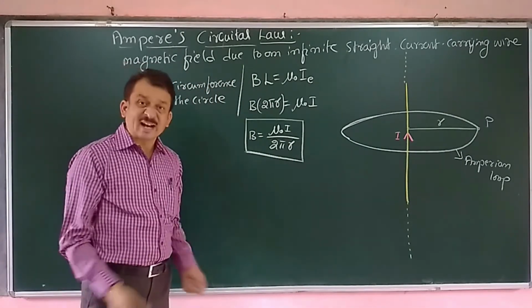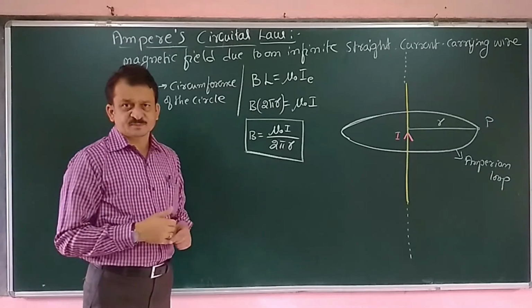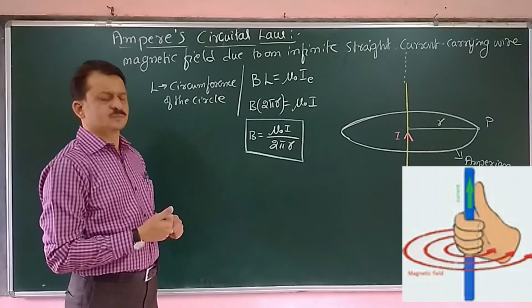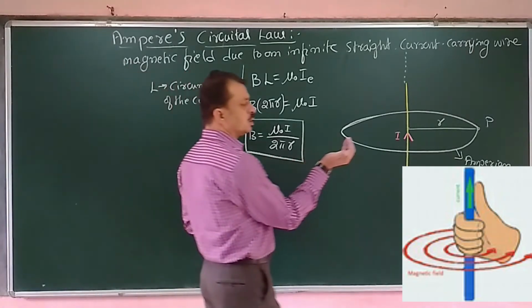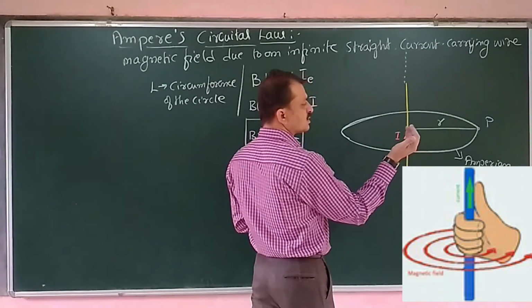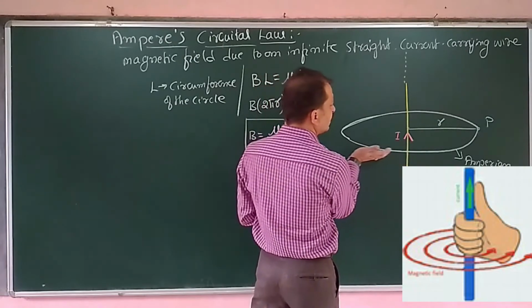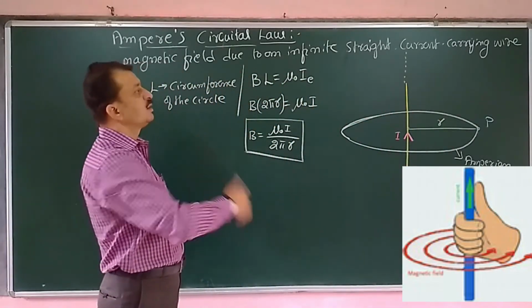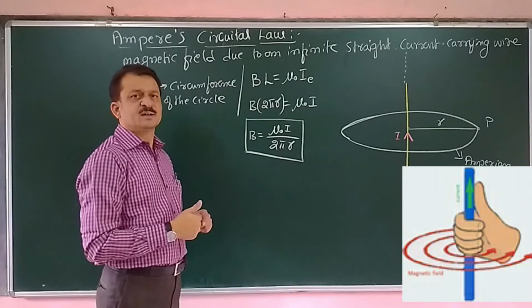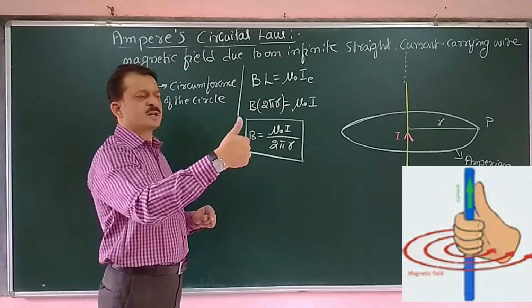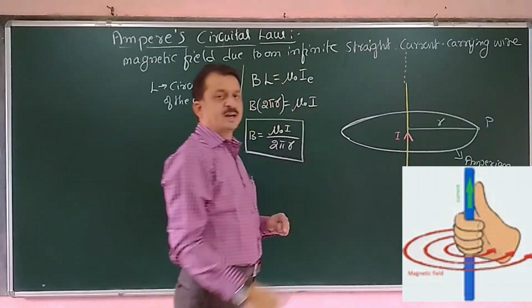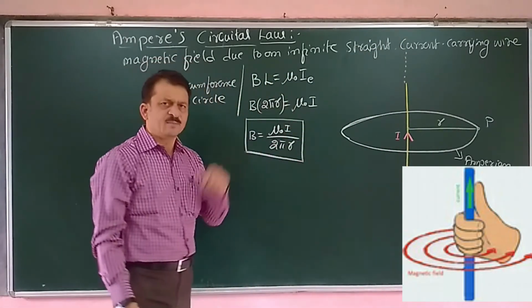Now, obviously, what is the direction of this magnetic field? Direction once again is given by the right hand rule. That is, if you hold the 4 fingers of the right hand so they encircle the conductor, the stretched thumb indicates the direction of the current flowing through that conductor. Here it is a wire.